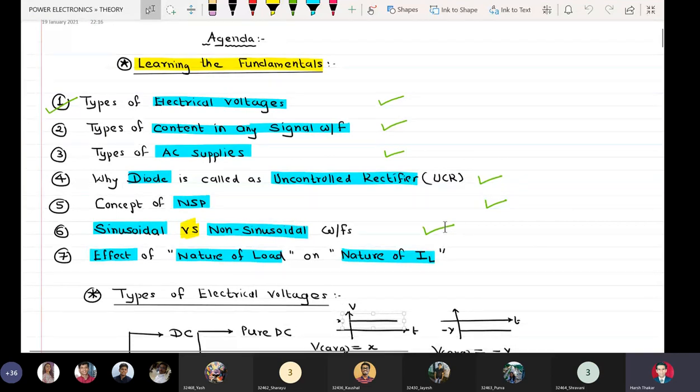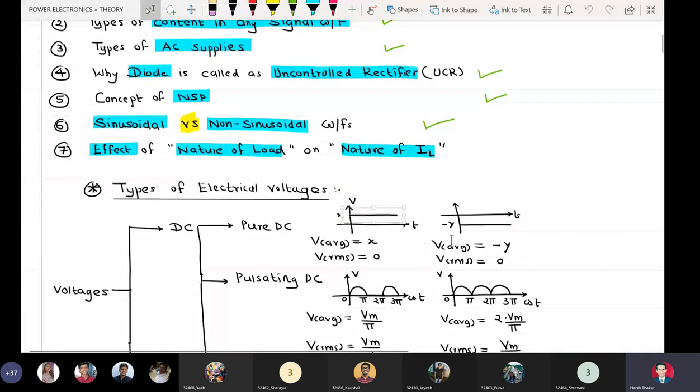So today we will complete the fundamentals by discussing point number 7, which won't take much time.